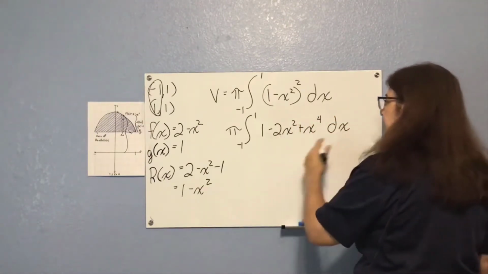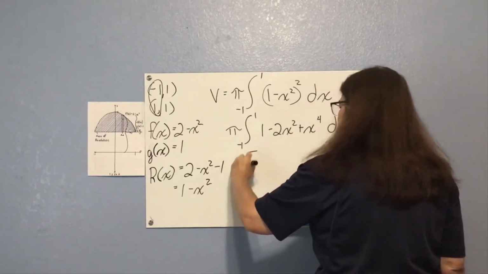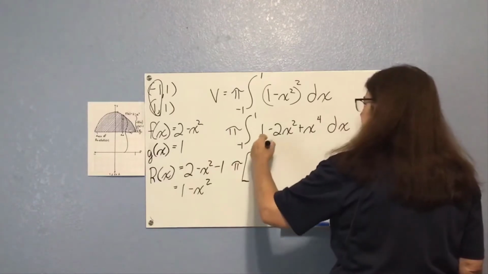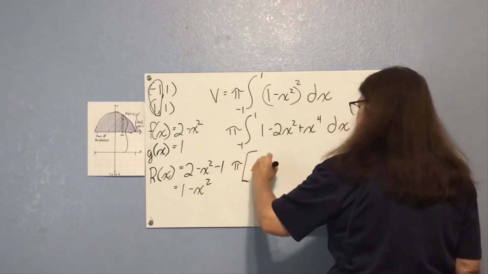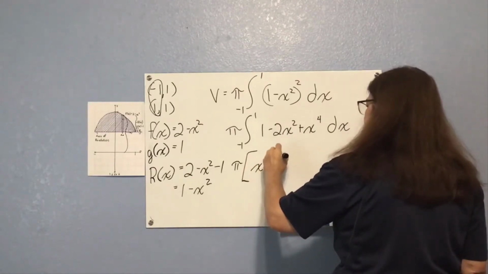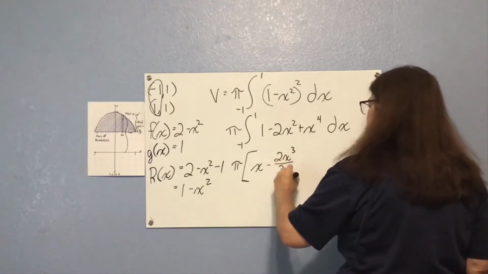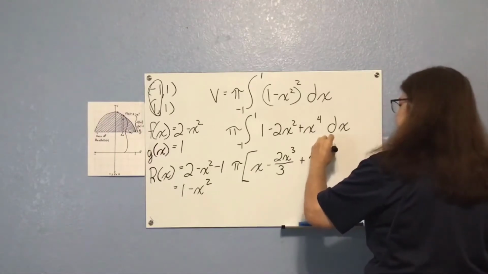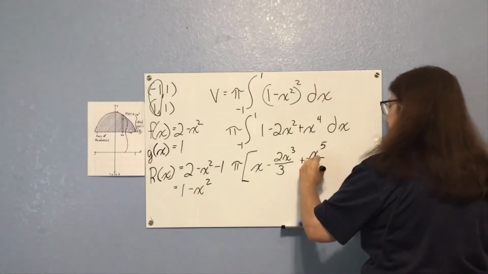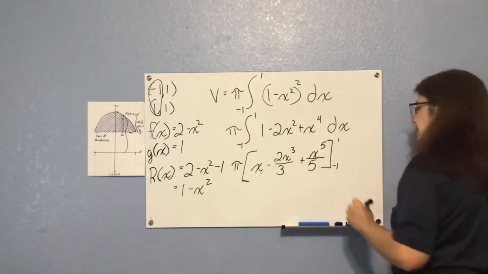And now I can integrate this. So I'm going to have pi out here times everything. And this is going to be x minus 2x cubed over 3 plus x to the 5th over 5. And we're evaluating from -1 to +1.